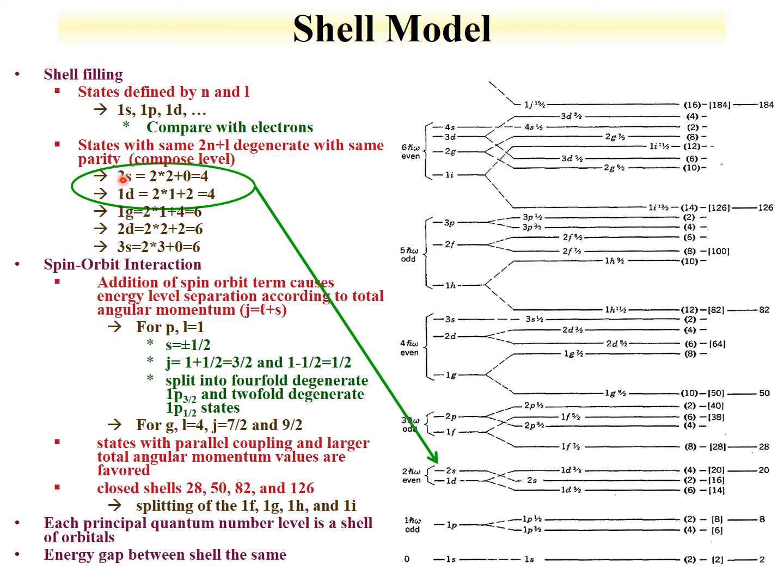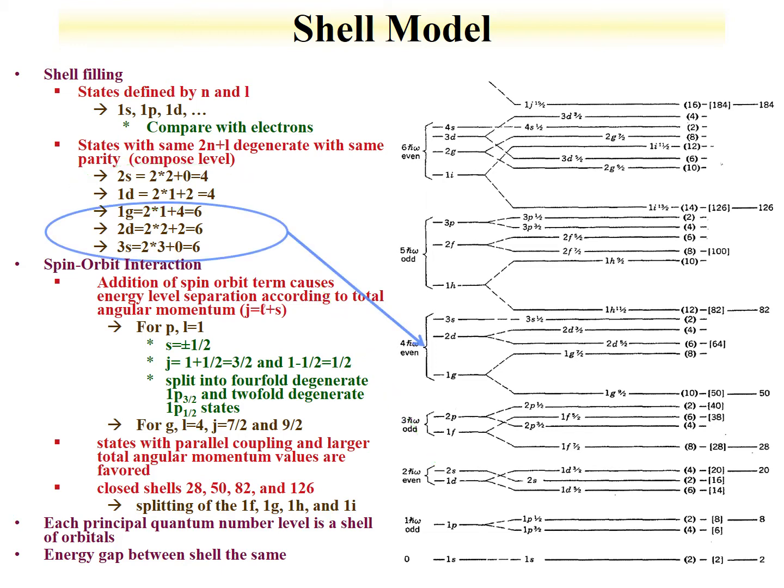Because the n number is 2, the L number is 0 from s. Where d, a 1d state, the n is 1, the L is 2, where s, p, d, right? So 0, 1, 2, the d is 2. So that's 2 times 1 plus 2 is equal to 4. Those two states are degenerate.